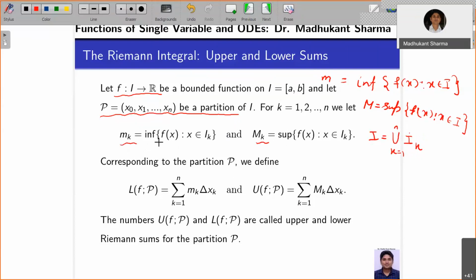So whether this always exists or not, that's a very first thing. The infimum of f of x such that x belongs to Ik will always exist because f is bounded on I, and Ik is a subset of I. Similarly, capital Mk will also exist, which is the supremum over Ik. Okay, so as already told to you, let's go to one page, then we will come back to here.